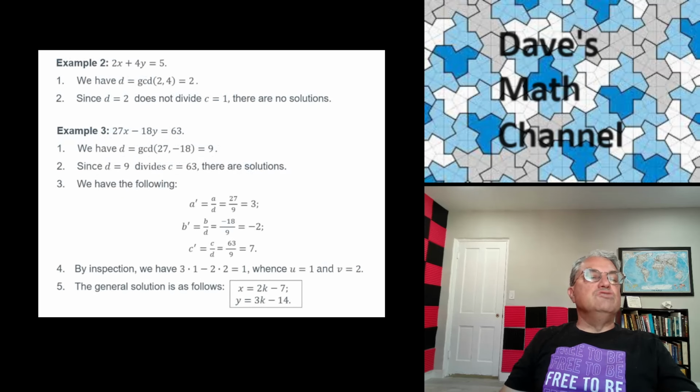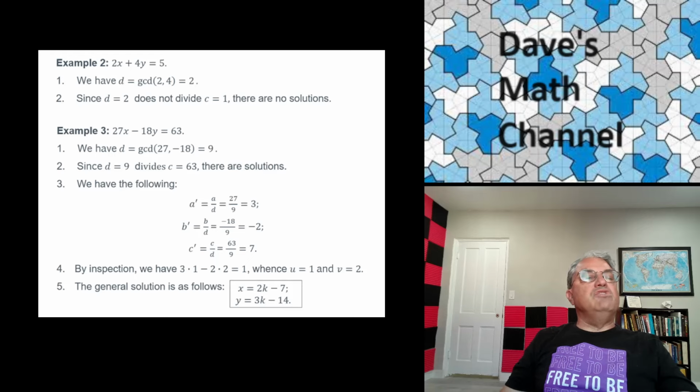Example 2. Suppose instead of a equals 3, we did a equals 2. So now our equation looks like 2x plus 4y equals 5. Now if we calculate the GCD of 2 and 4, we get 2. And because 2 doesn't divide c, which equals 5, there are no solutions.